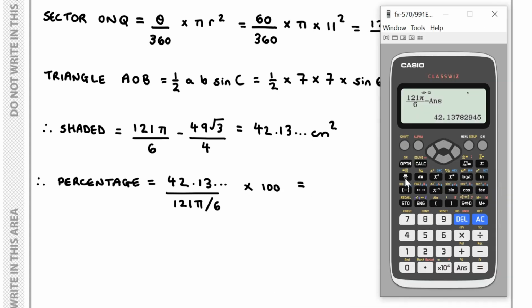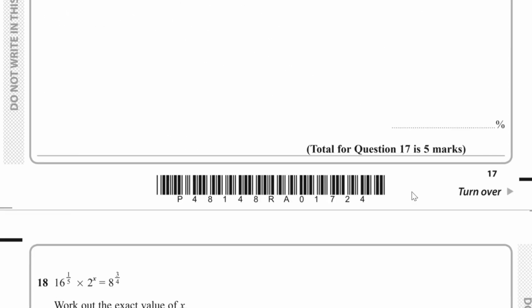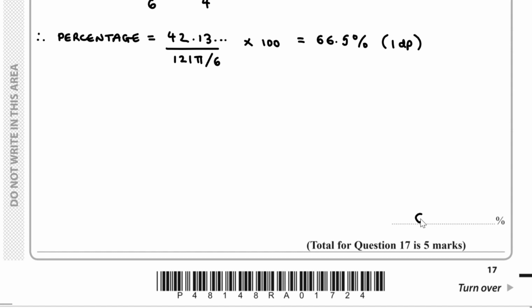So we've got this value divided by 121 pi over 6, and then we multiply by 100. It turns out we get 66.5%. So we've got 66.5% to 1 decimal place.